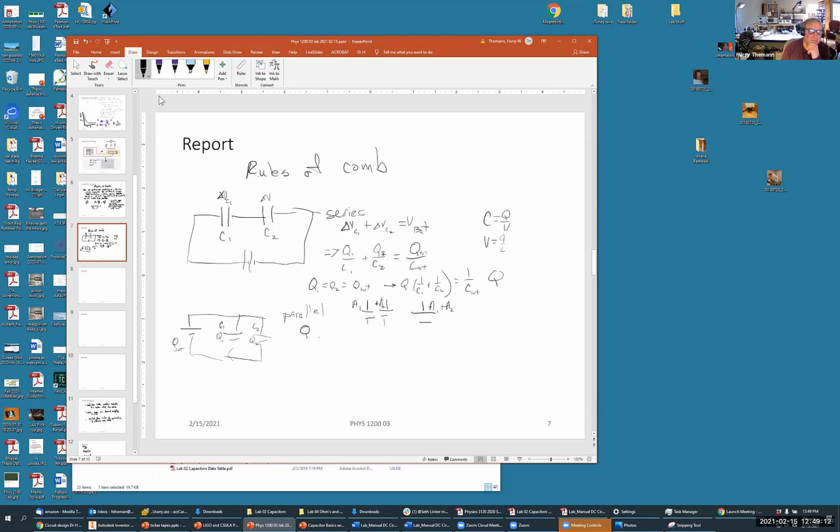Since we have Q over V equals epsilon 0 A over D, if we increase the Q, right, so we gotta keep it simple.